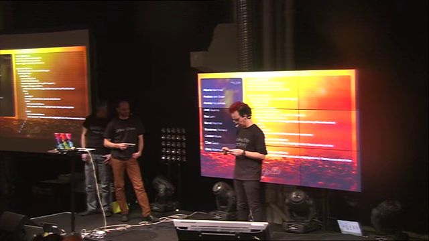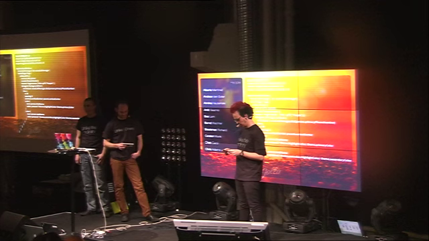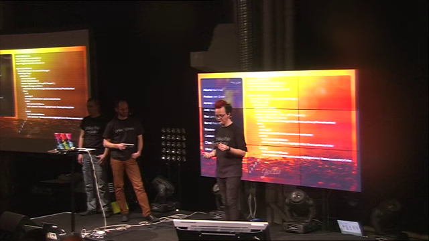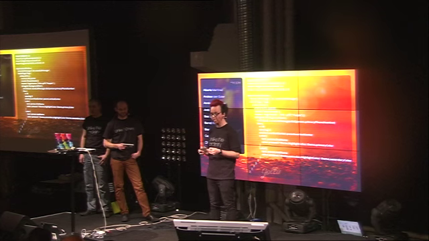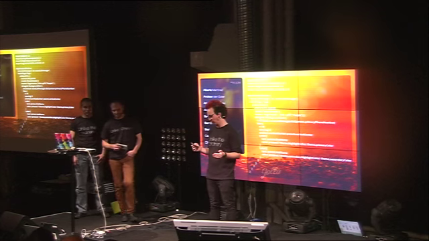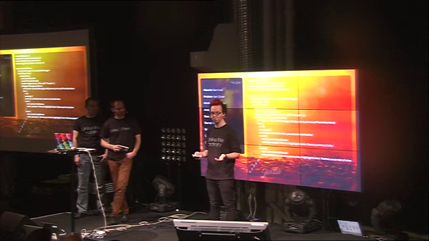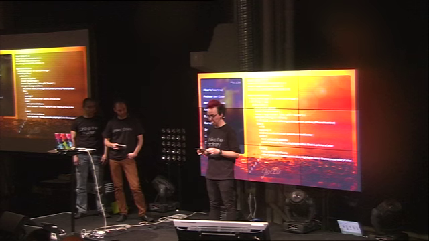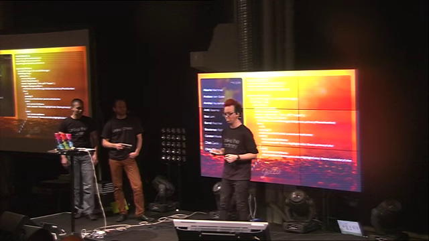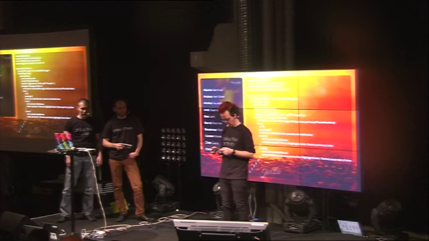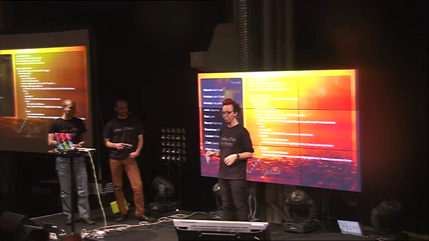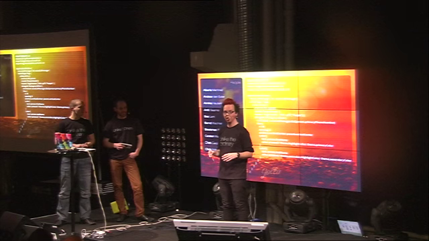QML is built from the ground up for building pixel-perfect and fluid user interfaces. It's closer to rapid prototyping tools like Flash and HTML5, but it's much better suited for touch UI creation. And what I think is cool here is that we use the same technology for prototyping and for production.